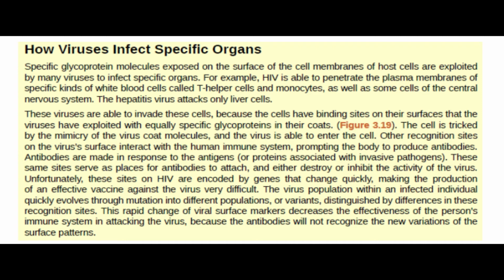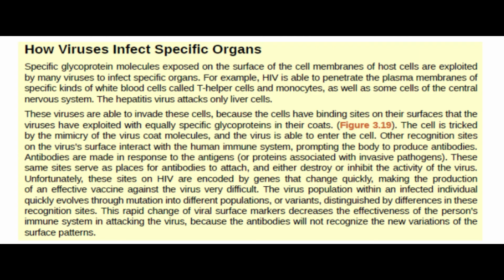These viruses are able to invade these cells because the cells have binding sites on their surfaces that the viruses have exploited with equally specific glycoproteins in their coats. The cell is tricked by the mimicry of the virus coat molecules, and the virus is able to enter the cell.